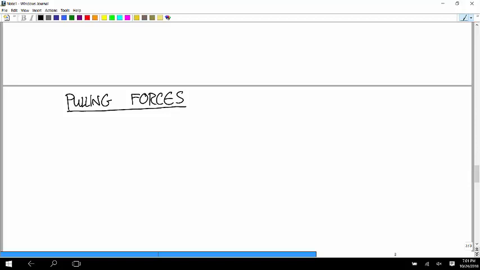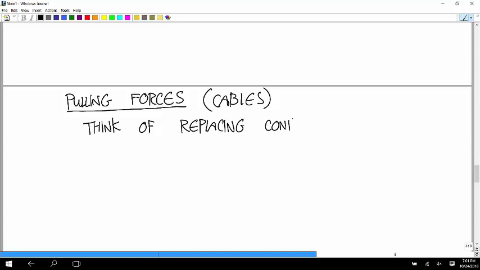We're always going to think of these as acting through cables or strings, always replacing the contact with a cable.